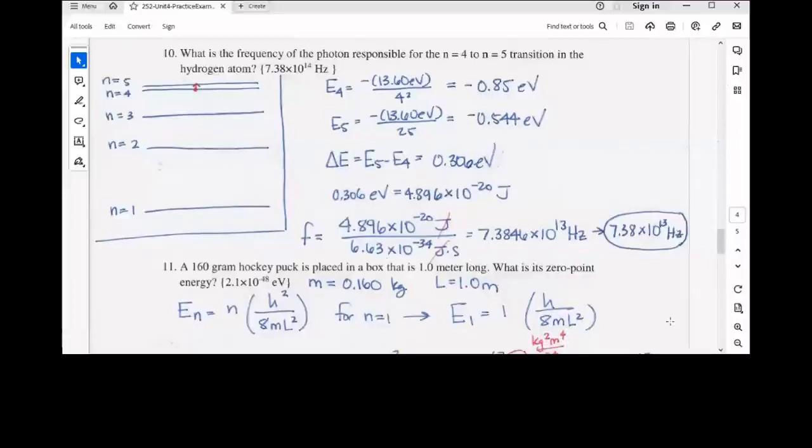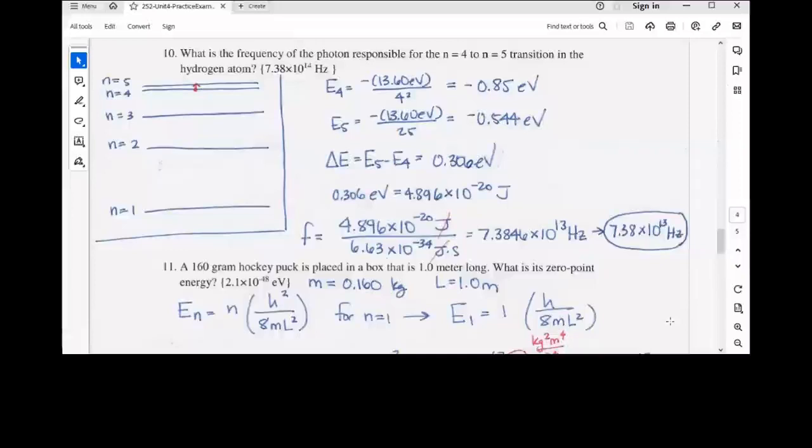I need to know the energy associated with state 4 and state 5, and I can compute that the same way that we just did in question number 9. The energy difference between those two locations is 0.306 electron volts. Converting that into joules gets us to 4.896 times 10 to the negative 20.